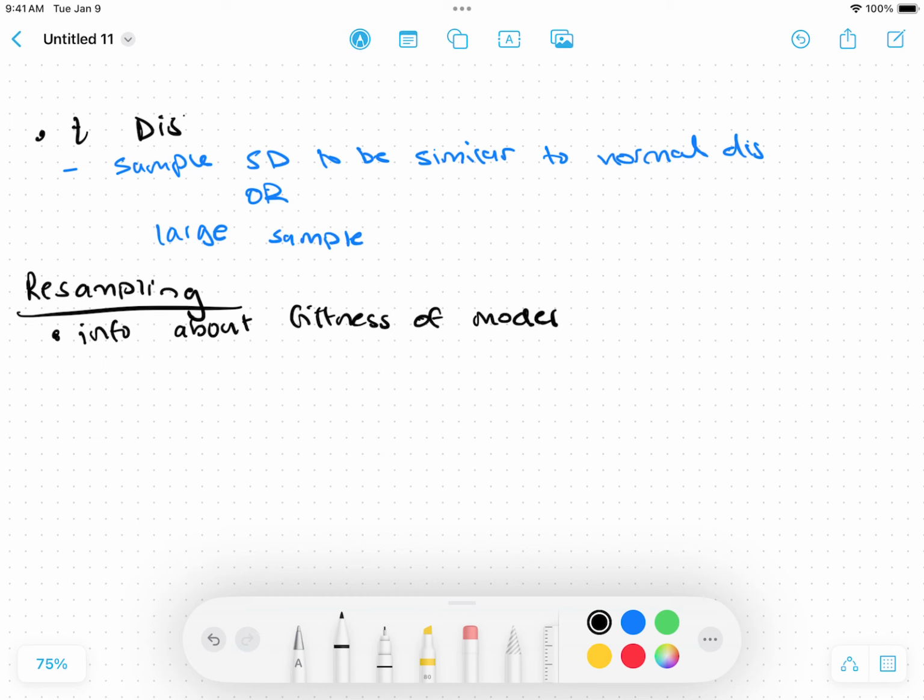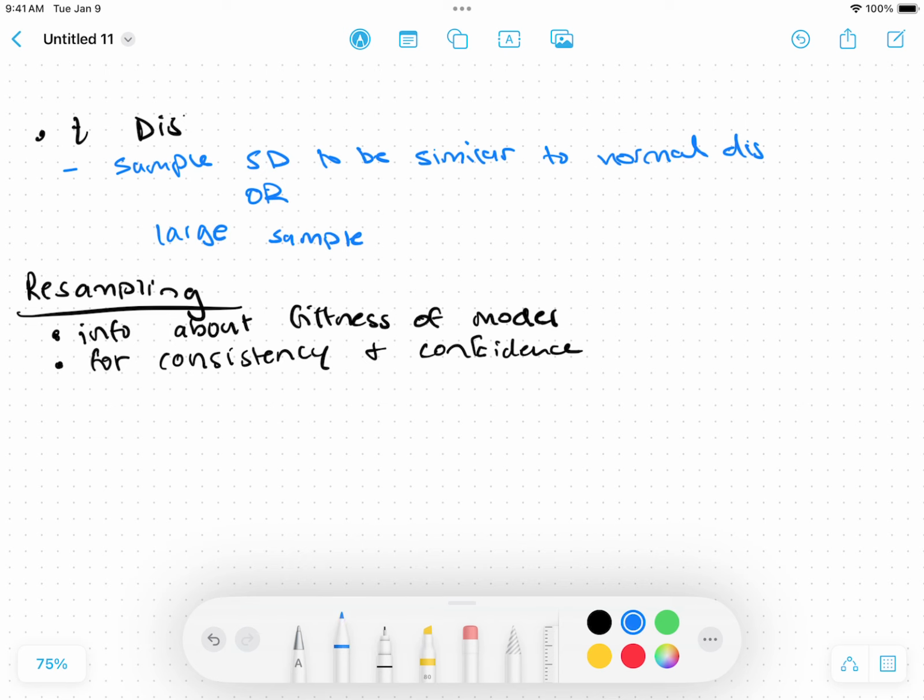Essentially, we're performing repeated sampling, and we do this for consistency and confidence in our model.